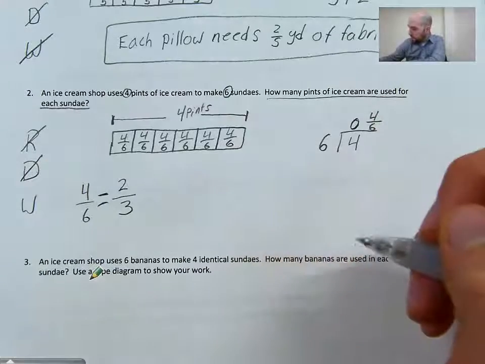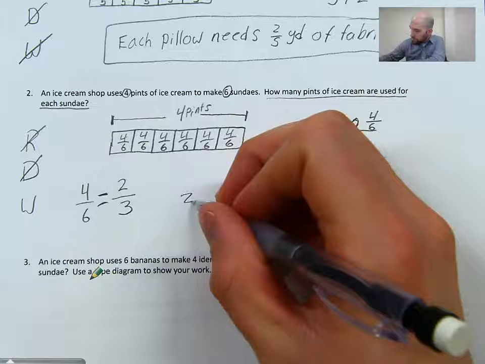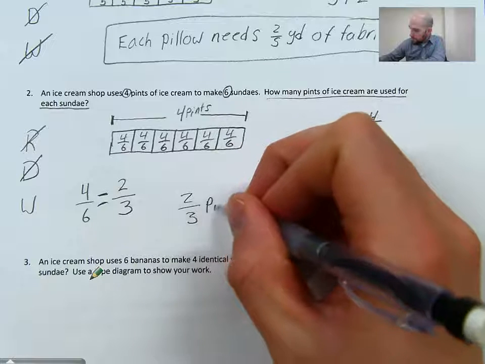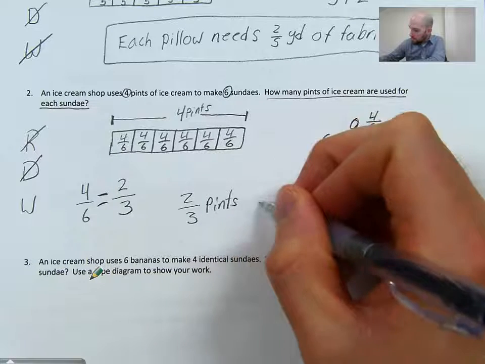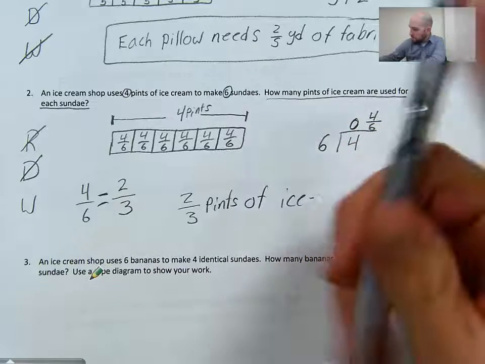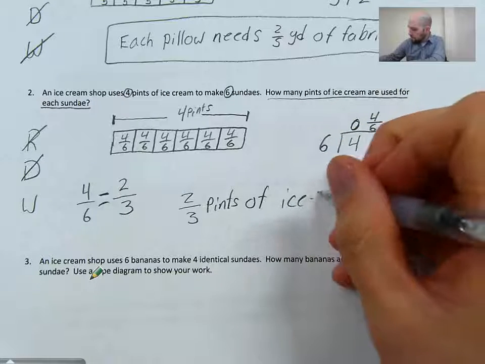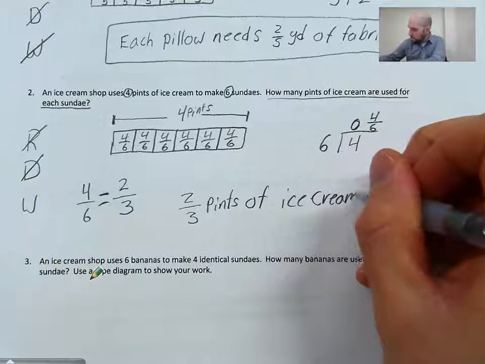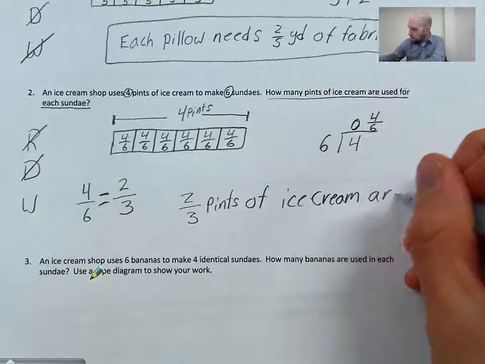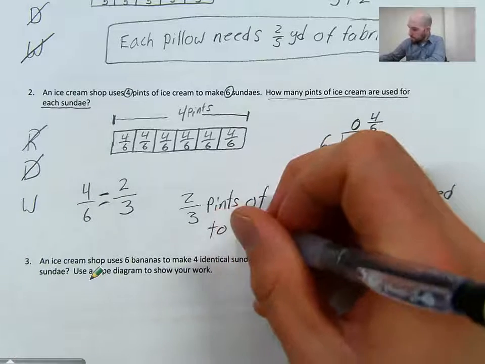Now I need to write my answer. 2/3 pints of ice cream are used to make each sundae.